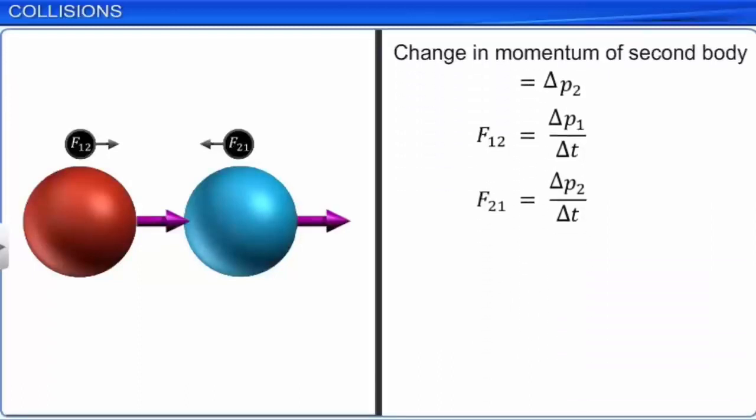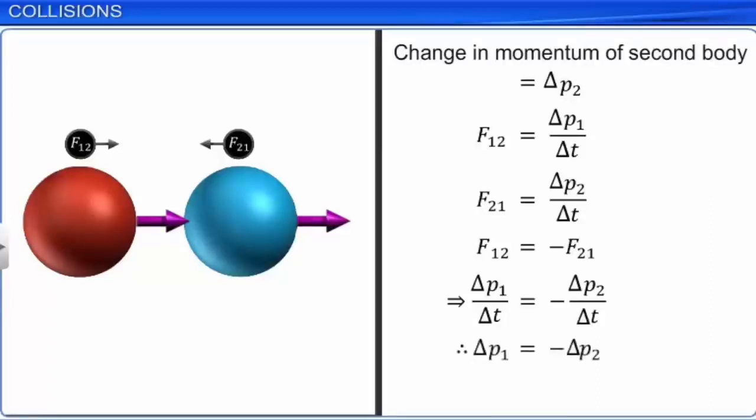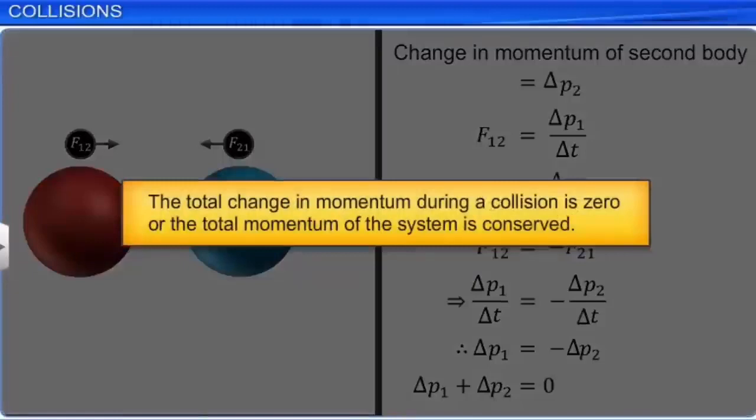Since F12 = −F21, this implies that ΔP1/Δt = −ΔP2/Δt. Therefore, ΔP1 = −ΔP2, or ΔP1 + ΔP2 = 0. Hence, we can say that the total change in momentum during a collision is 0, or we can say that the total momentum of the system is conserved during collisions.